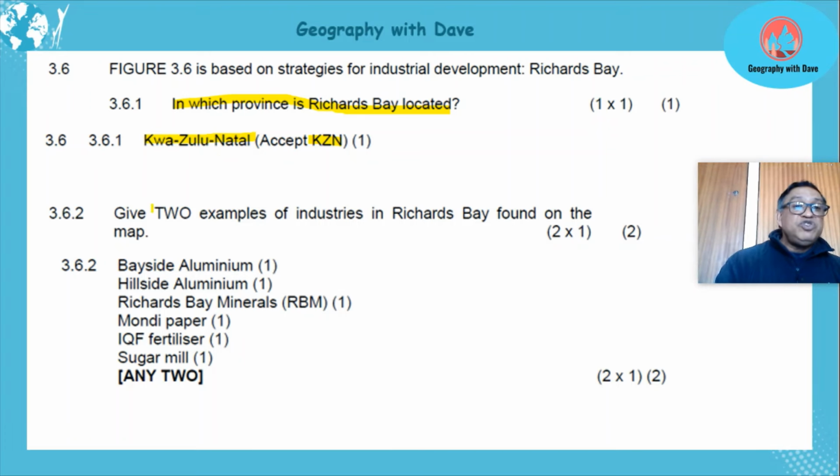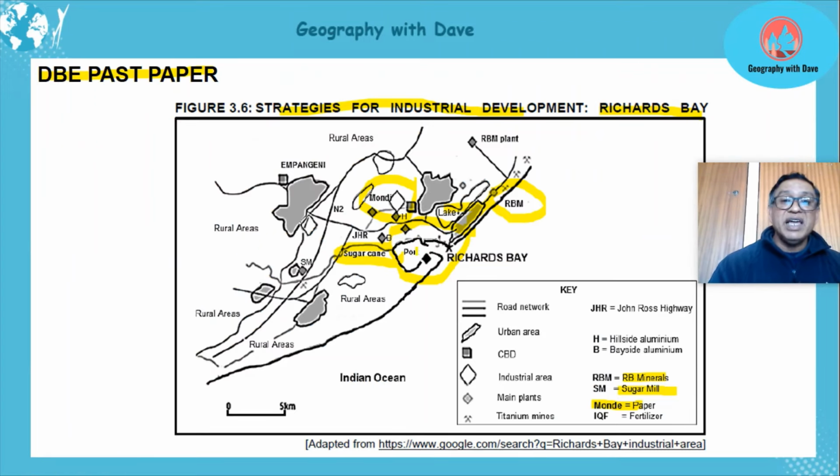Give two examples of industries in Richards Bay found on the map. Can you see it? Bayside Aluminium, Hillside Aluminium, Richards Bay Minerals, Mondi Paper, IQF Fertilizer, Sugar Mill. These were given. Now go back to the diagram. Can you see them? All of them are here.